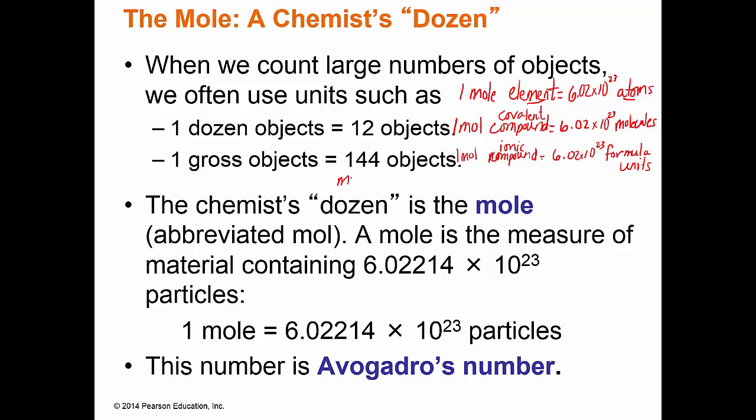I could ask you about molecules, and then I could ask you, in that molecule, how many atoms do I have? And we're going to do a sample of that. Same thing: if I have an ionic compound, which means, again, they're formula units, I could break it down and ask you how many ions you have as you go through this.